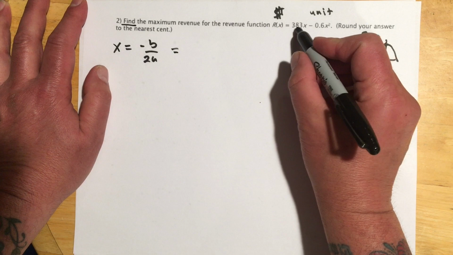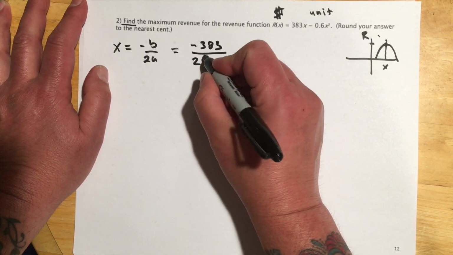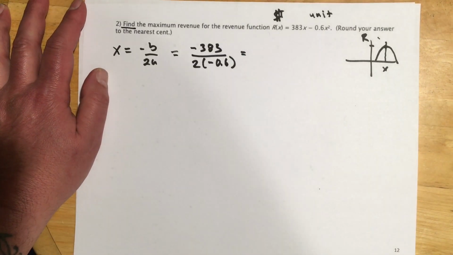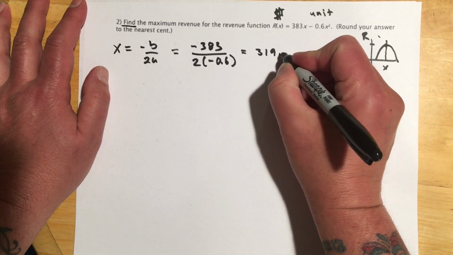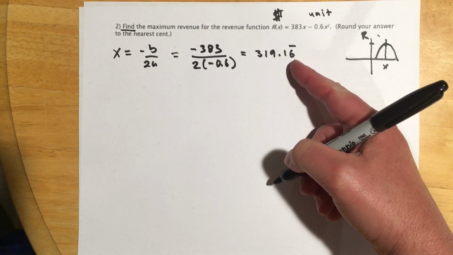So negative b, that's our 383 over 2, and then negative 0.6. And then I threw that in the calculator, and then I got this kind of ugly number. That decimal goes on forever.